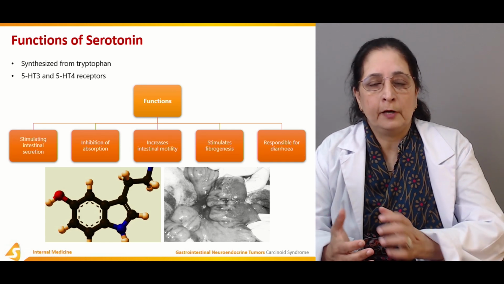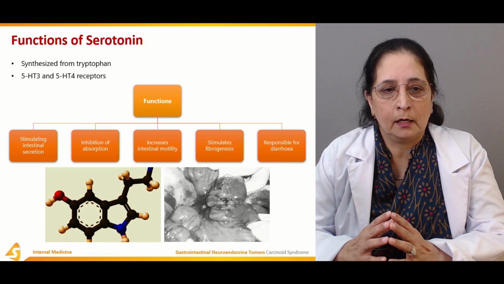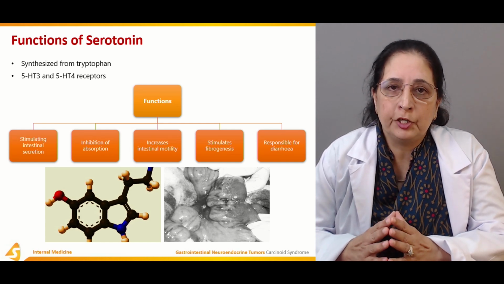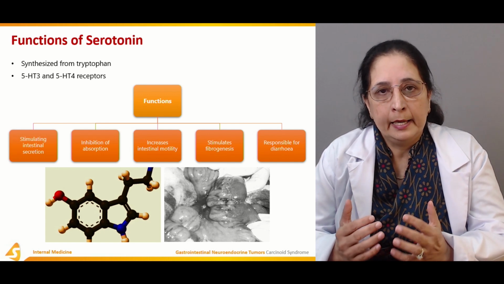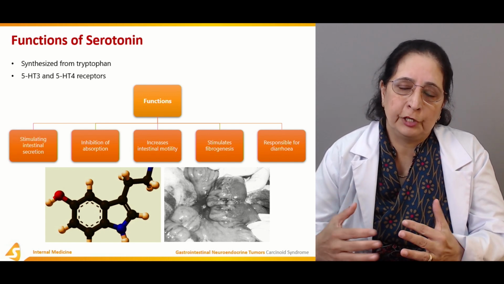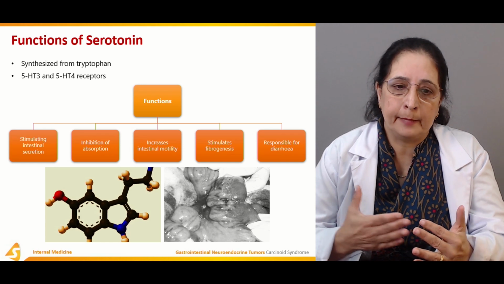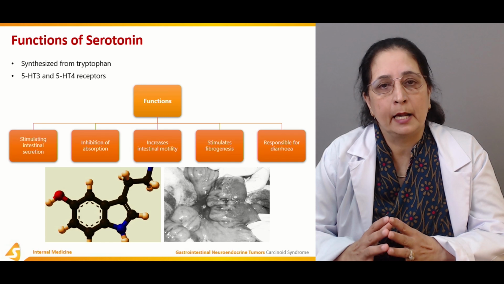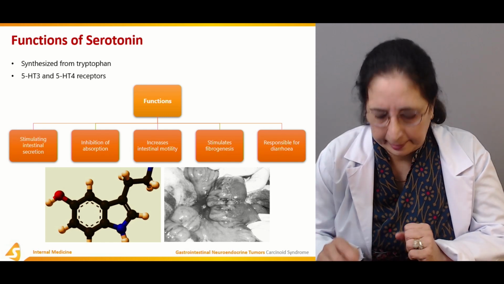So serotonin stimulates the secretion of the intestine and inhibits absorption. So secretions are increased and absorption is decreased. It increases the motility and is responsible for the diarrhea.